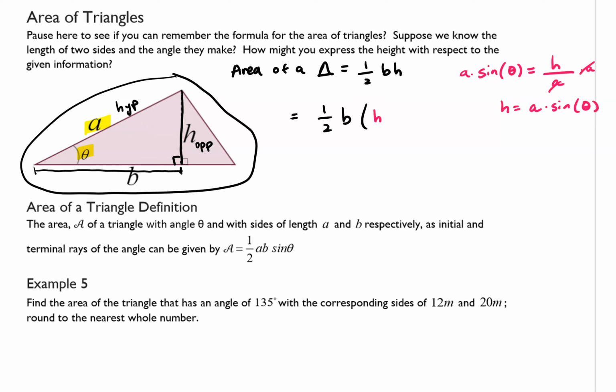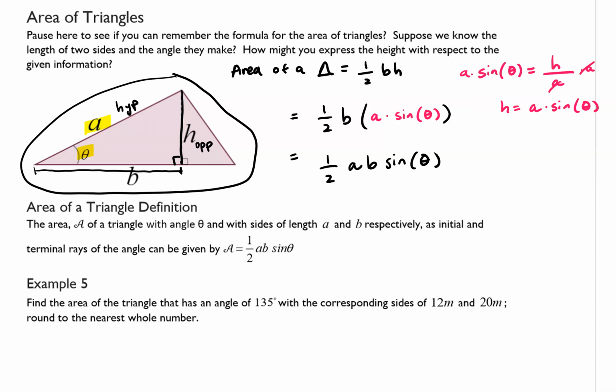So I'm going to plug that in here. The height, I'm going to substitute, is equal to a times sine of theta. Multiplication is commutative, which allows me to reorder. We get that the area of the triangle is equal to 1/2 a times b times sine of theta.